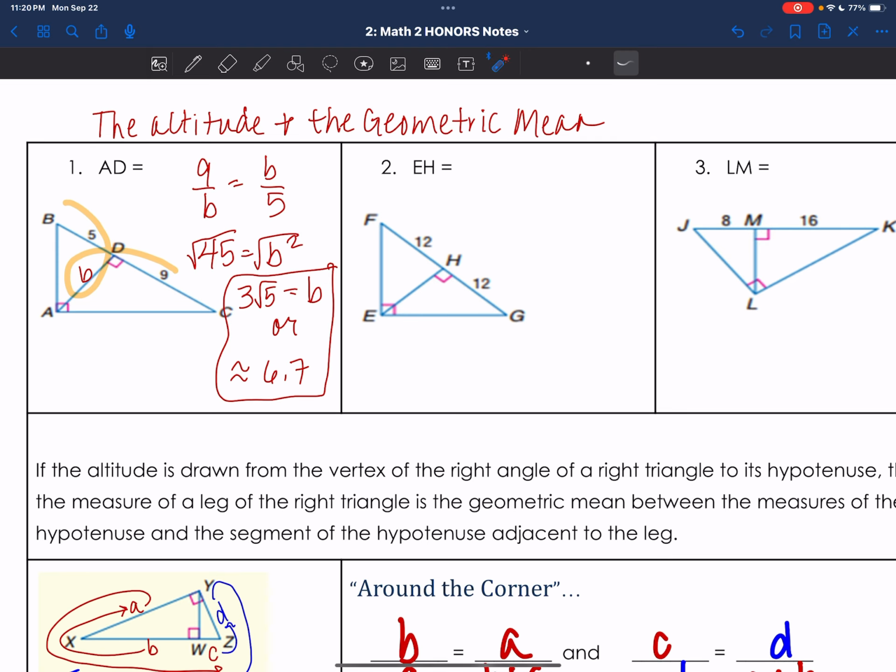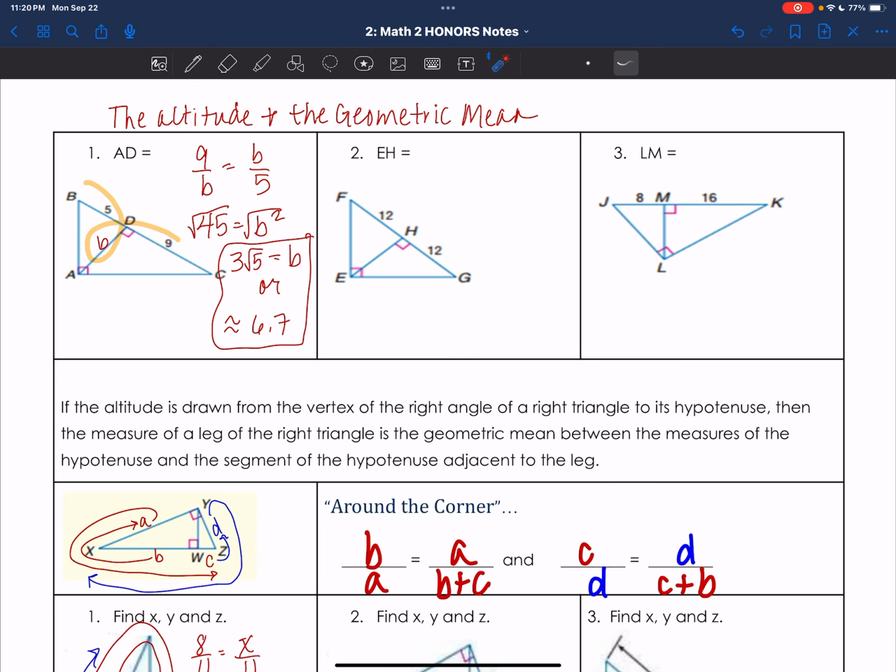All right, so now we're going to talk about the altitude and the geometric mean, so we can use the proportions to find the altitude. You can either do your little loop-de-loop and make a proportion that way. So I know that this over this is going to equal this over that. So we just set up a proportion, and then we can cross multiply.